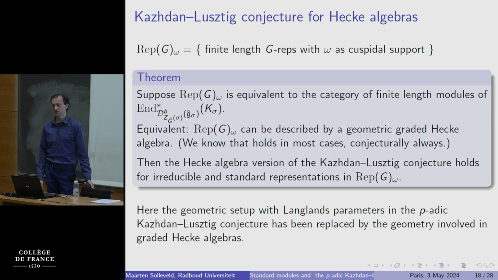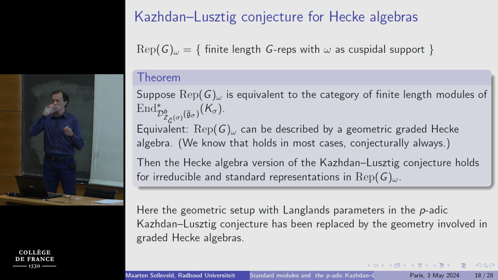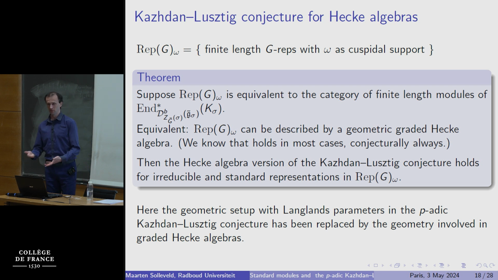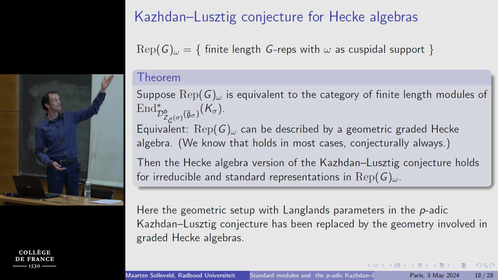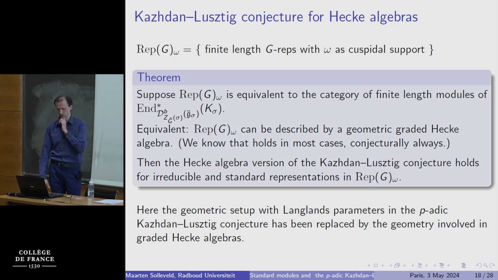What I did is translate the Kazhdan-Lusztig conjecture to a statement about geometric graded Hecke algebras, which is also complex algebraic geometry, and I've proven that statement, which was fine with me, because I already knew that in most cases from this statement I could prove it in the way Kazhdan and Lusztig designed it. If you know that there is a local Langlands correspondence which has reasonable properties, then this version of the Kazhdan-Lusztig conjecture can be promoted to the real version of what was conjectured by Kazhdan, Lusztig and Vogan.